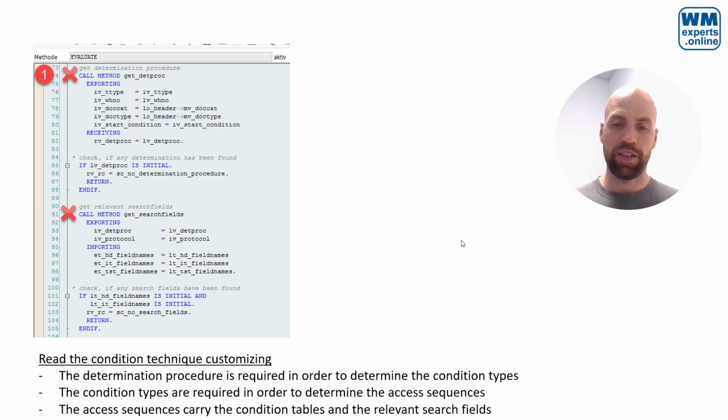Then there are condition types assigned to the determination procedure. And we need those condition types in order to determine the access sequences. And the access sequence, in turn, carries the condition tables, and the condition tables have the relevant fields, the ones which we need to fill with content in order to compare the object with the condition record itself.